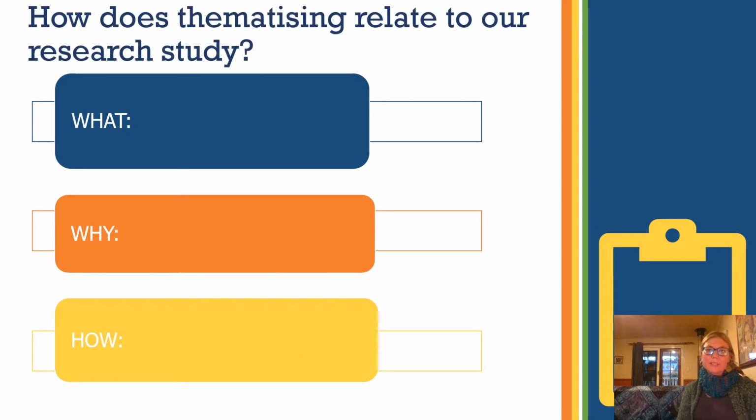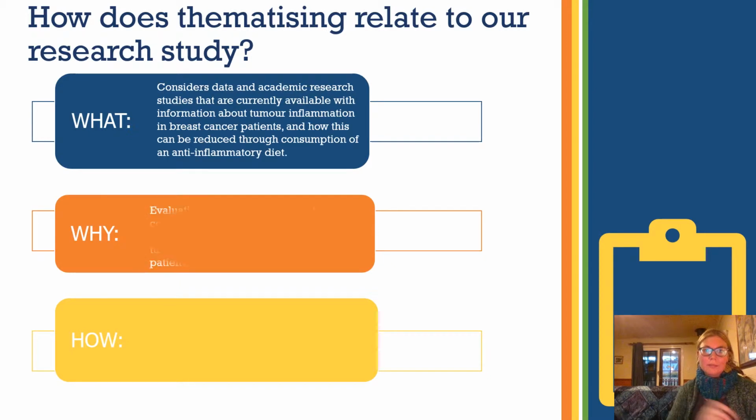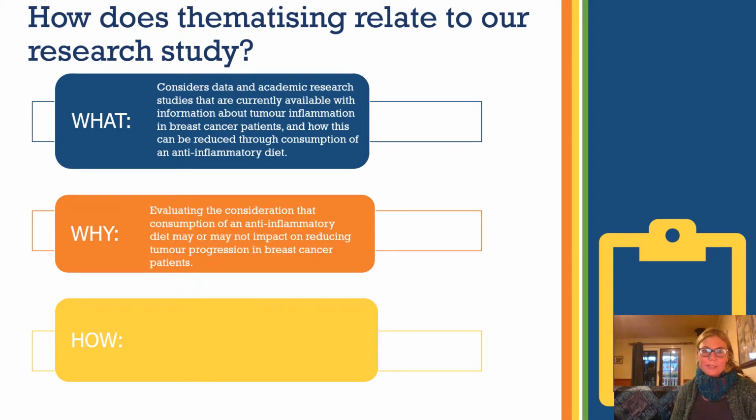So how does thematizing relate to our research study? The what considers the data and academic research that's currently available, and how this can be used through the consumption of the anti-inflammatory diet.